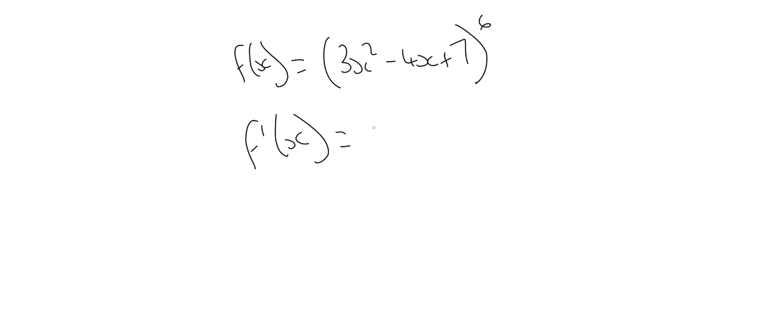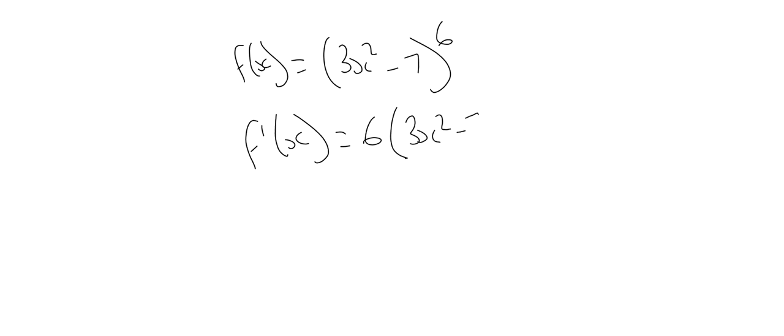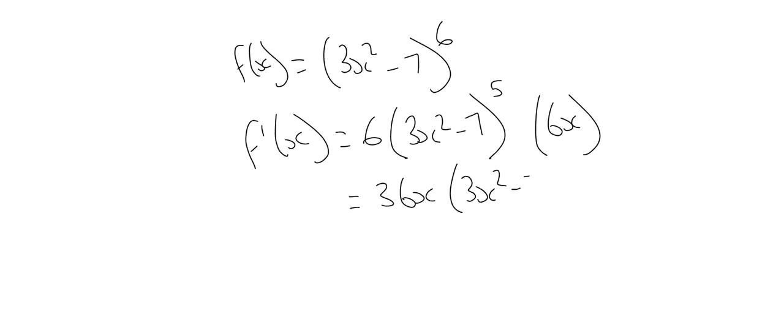I'm actually just going to get rid of this and make it slightly easier because I'm trying to prove a point. Okay, what do I do? 6 brackets, 3x squared minus 7 to the power of 5. Good. Okay, so my chain rule says I must multiply by the derivative of this. So what do I get? And then just 3x squared minus 7 to the power of 5.